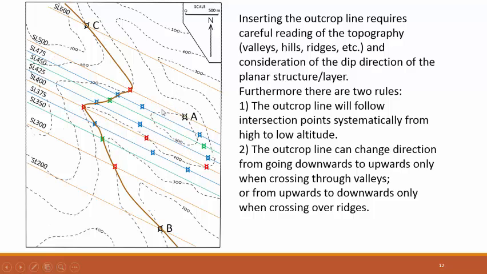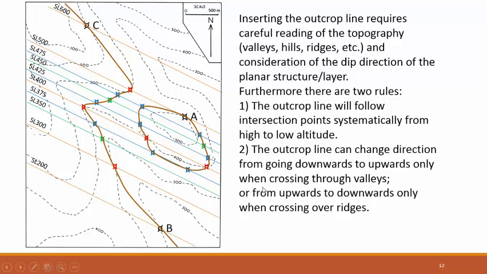This is a hill on the other side of this valley, and it is very likely that our outcrop also slices through the summit area of this hill. And that's what we are getting here. So here is a second loop of the outcrop of our planar layer.